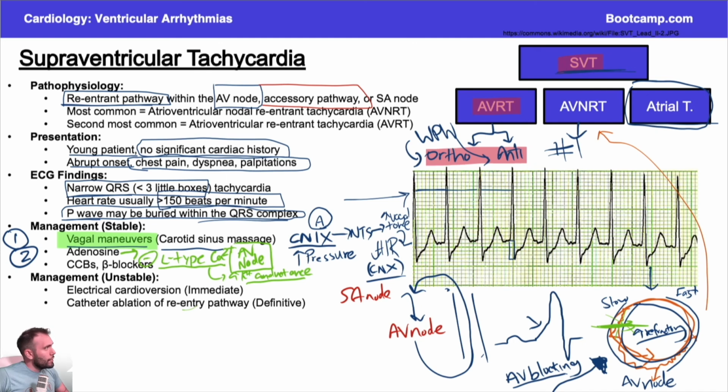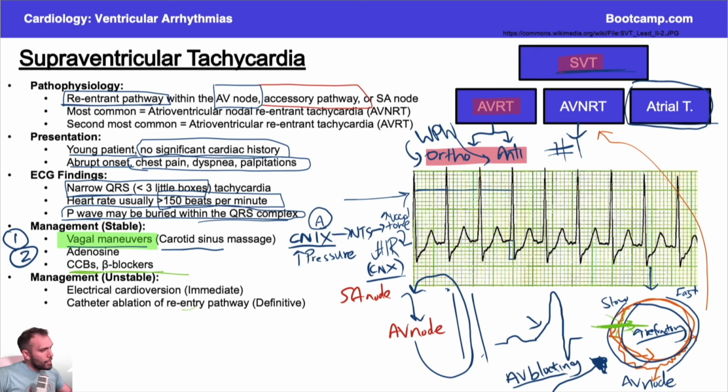The other thing on here is calcium channel blockers and beta blockers. Now, calcium channel blockers and beta blockers, we've talked about many times. It's the same concept, right? Beta blockers, I'm going to decrease my cAMP. I'm going to decrease my intracellular calcium in these pacemaker cells, but that will also inhibit my phase 0 and phase 4 depolarizations. Calcium channel blockers, same concept, right? I'm going to inhibit the L-type calcium channels.